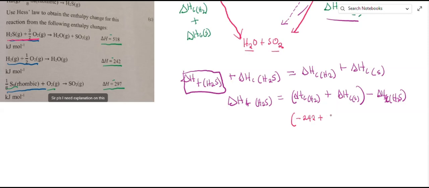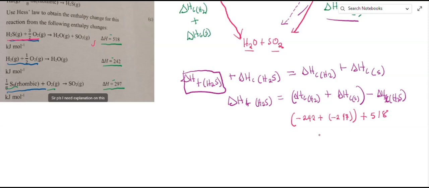That is minus 297, minus what is the heat of combustion of hydrogen sulfide, this one up here, minus 518. So minus minus 518 is plus 518.